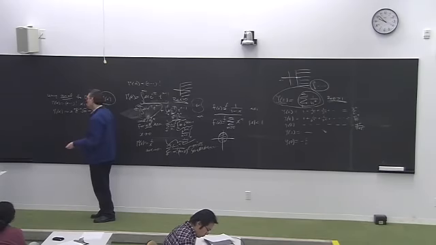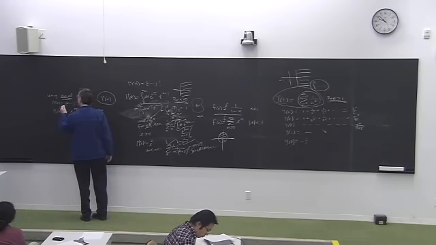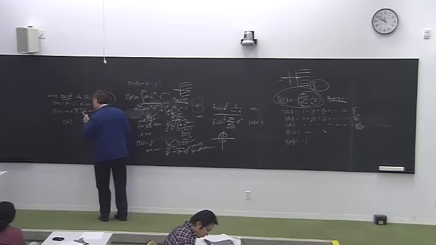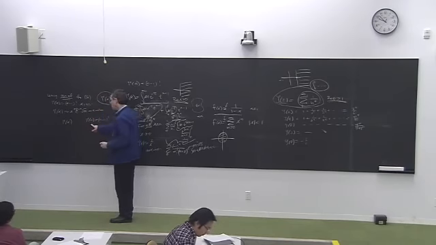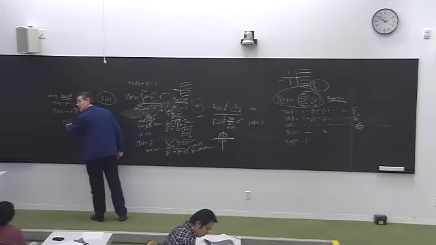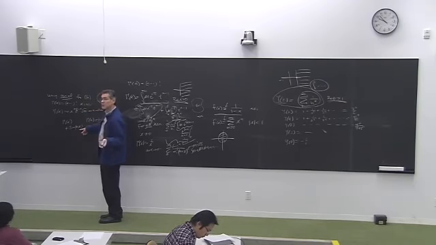The reason is that in principle, if I begin by saying I want to know what gamma of x is, but I begin by telling you that gamma of n, when n is a positive integer, is n minus 1 factorial, this doesn't say very much, because I could add to whatever function I construct, in principle, sine of pi times x, because sine of pi n is equal to 0.